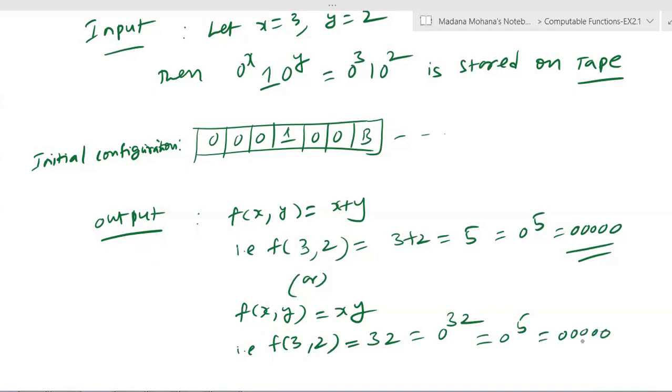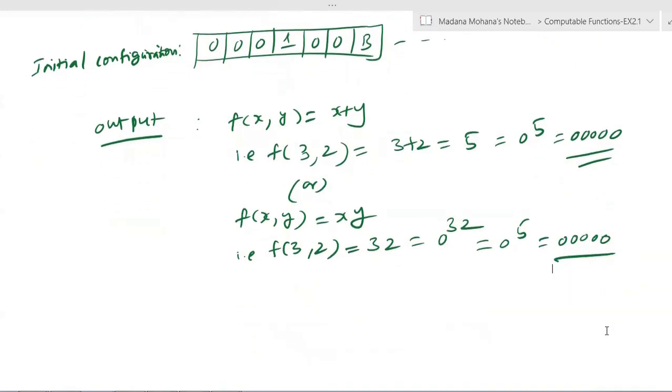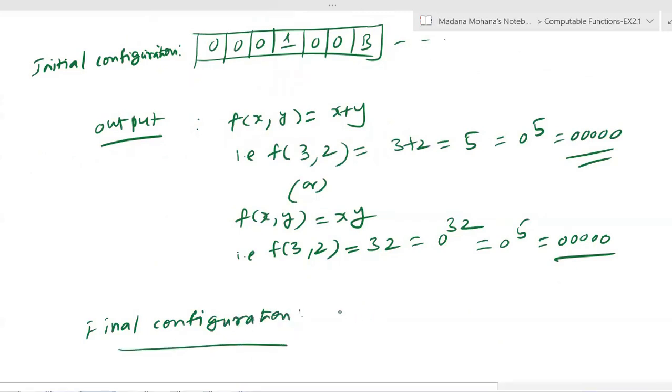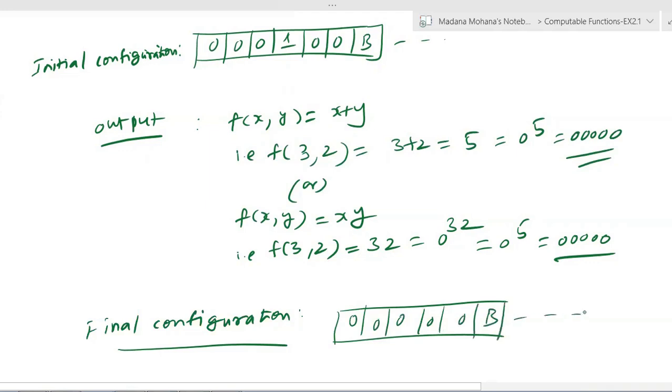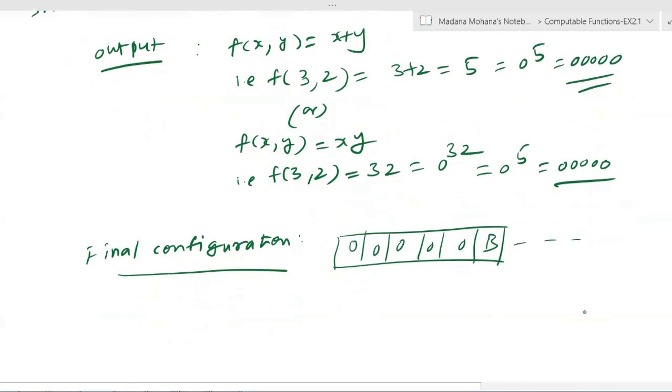Here also 5 zeros. So therefore, the final configuration of the Turing tape contains 5 zeros, 1, 2, 3, 4, 5, followed by blank symbols. So this you need to get.